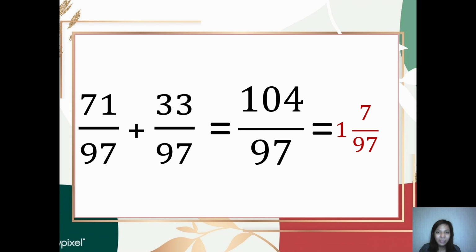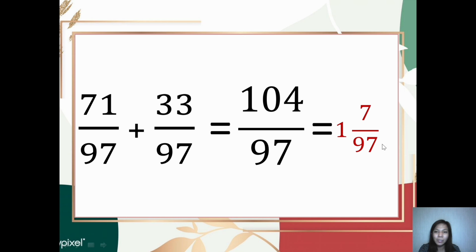Understand? So after you find how many 97 are in 104, which is 1, you can just subtract so that you will know how many are left. So here, 104 minus 97, the answer is 7. Then copy the denominator. Okay?